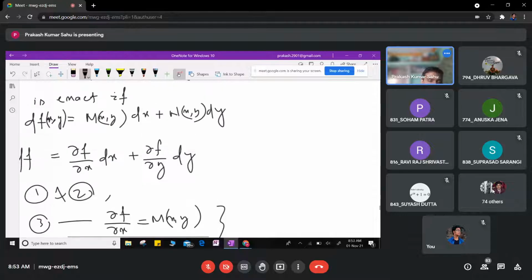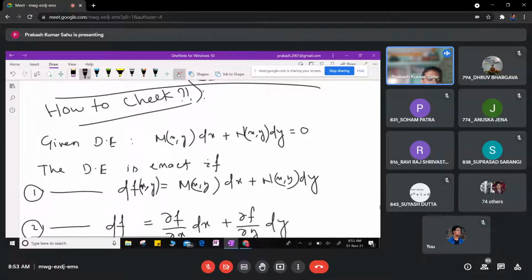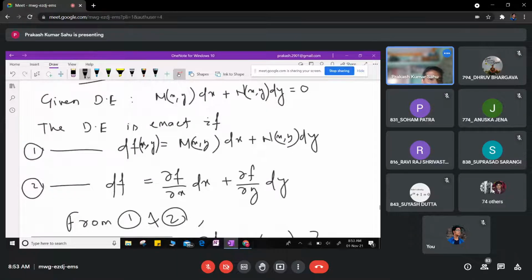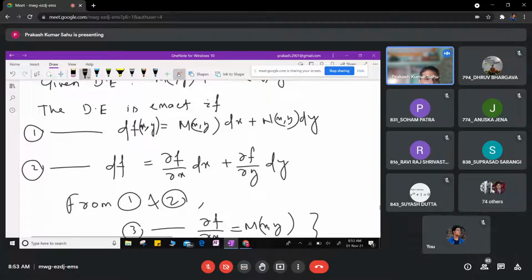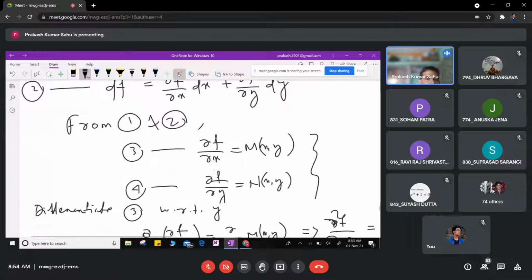Because when we check the exactness, okay, that part, you can see your df is equal to m dx plus n dy, and also your df is equal to del f by del x dx plus del f by del y dy, equation 1 and 2. When you compare these 1 and 2, you will get del f by del x is equal to m, del f by del y is equal to n. Got it? Yes, sir.